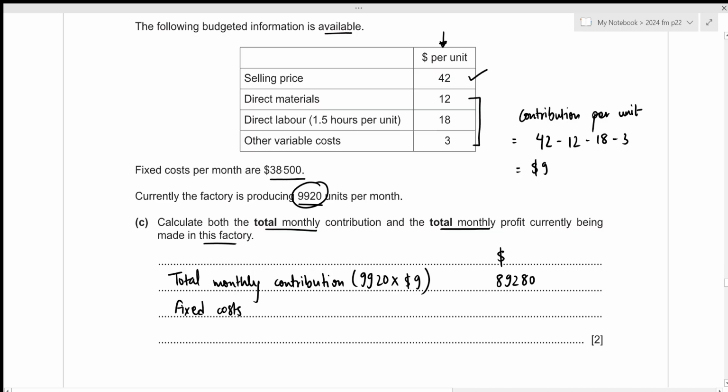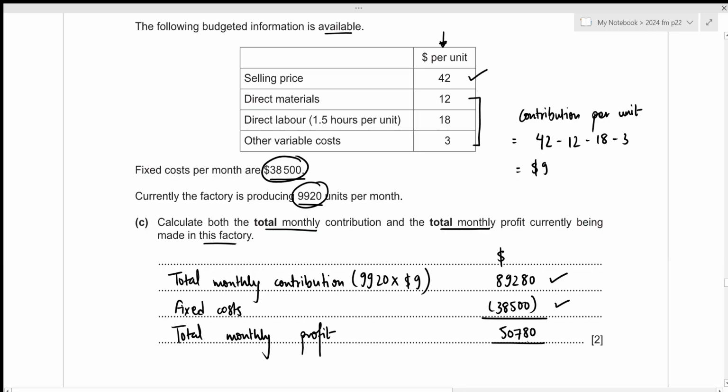And the fixed cost given in this case is 38,500. So the total monthly profit is just going to be 89,280 minus 38,500, which results in 50,780.